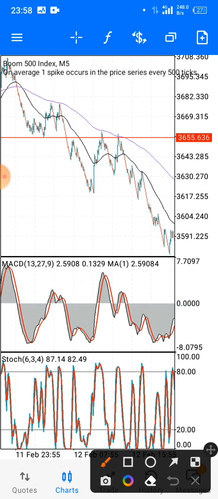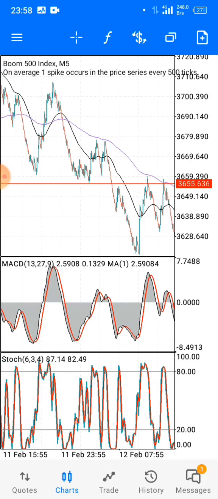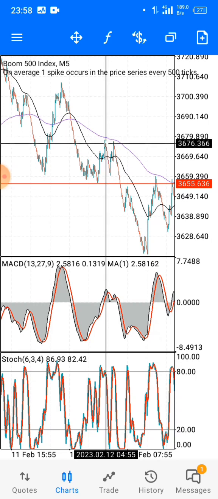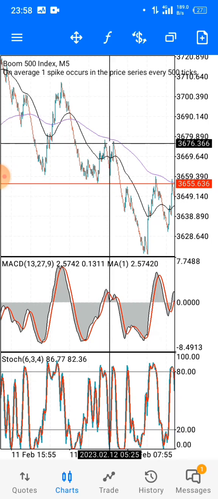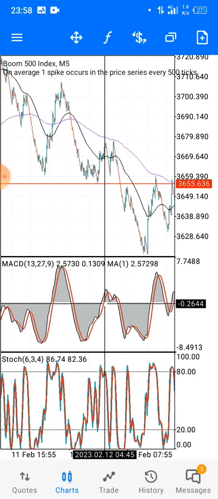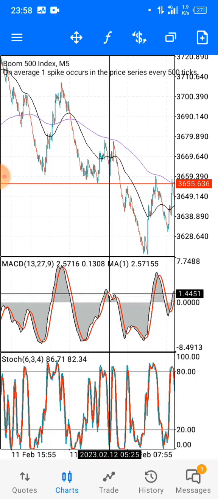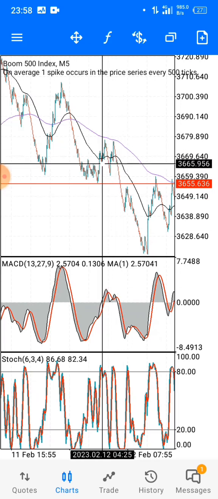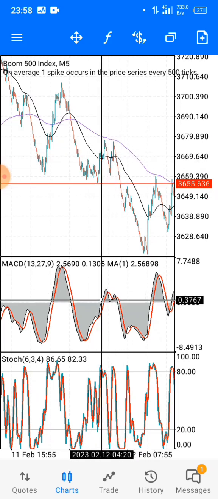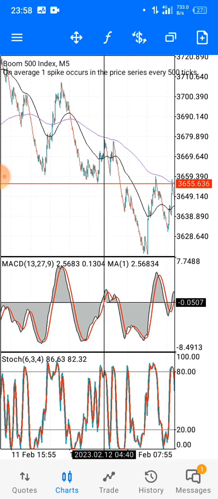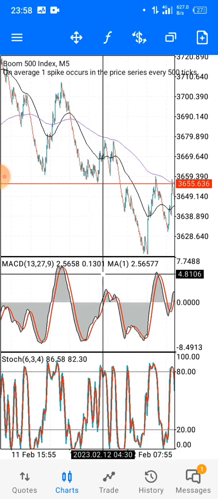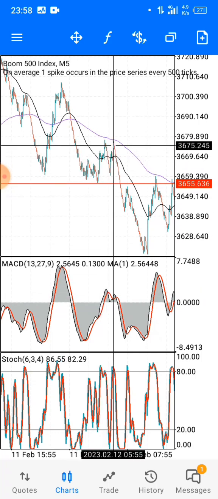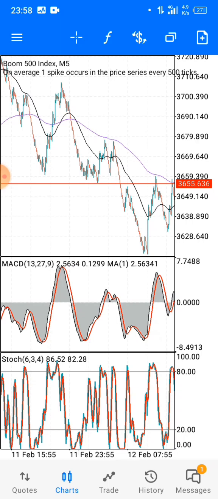So as in here, we got a pullback, and if it reaches the 200 EMA, yes, we can consider it if it crosses slightly above. But let's say it was on the 50 moving average and it crossed this level like this, we wouldn't take that trade, because we don't expect it to be above the level of 0 when it's on the 50 moving average. But maybe it's on the 200 moving average, that's when we consider it.